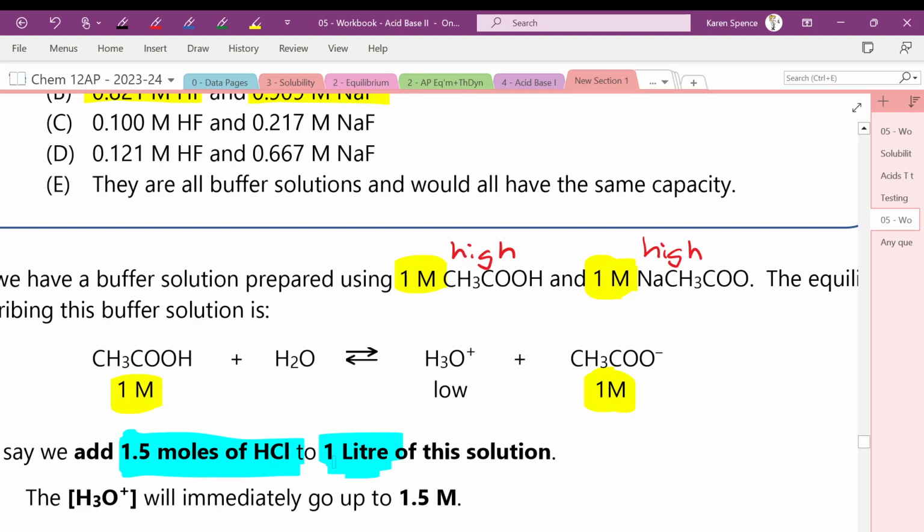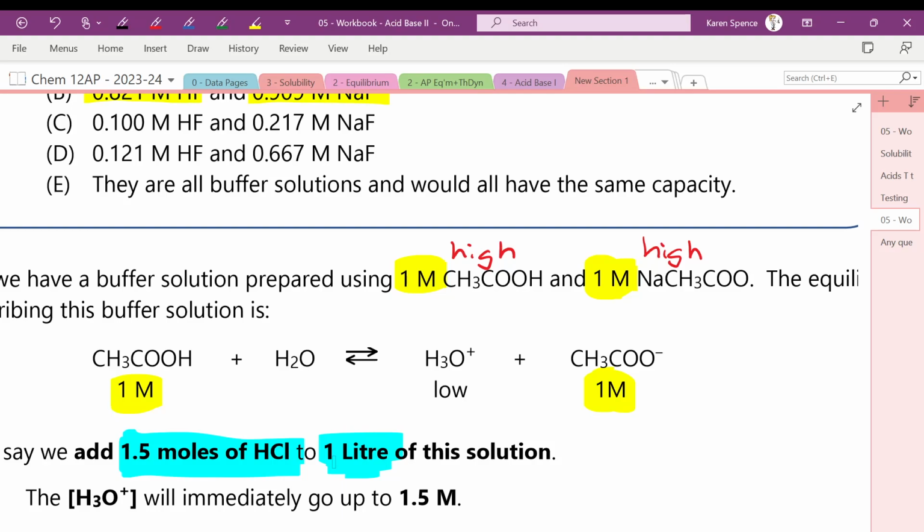What will happen? Does it become a little bit more acidic, or does it become lots more acidic?